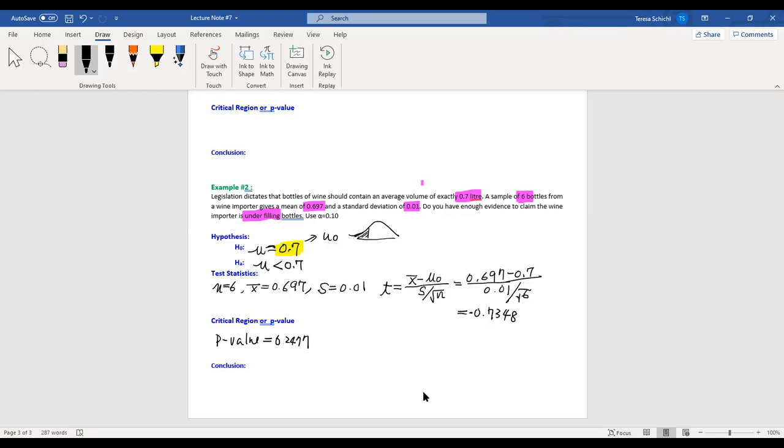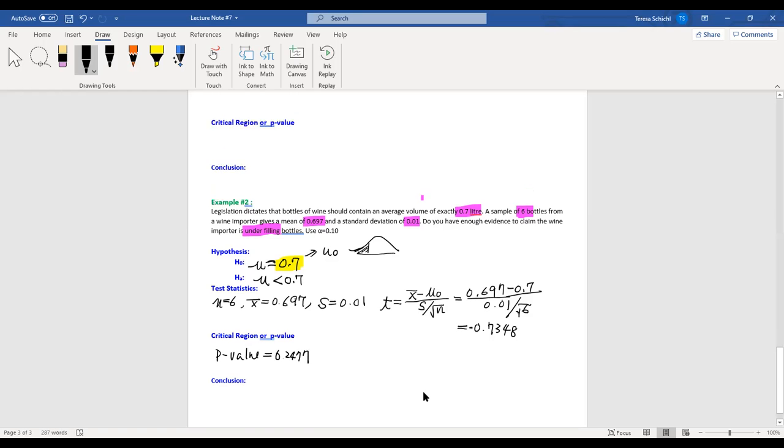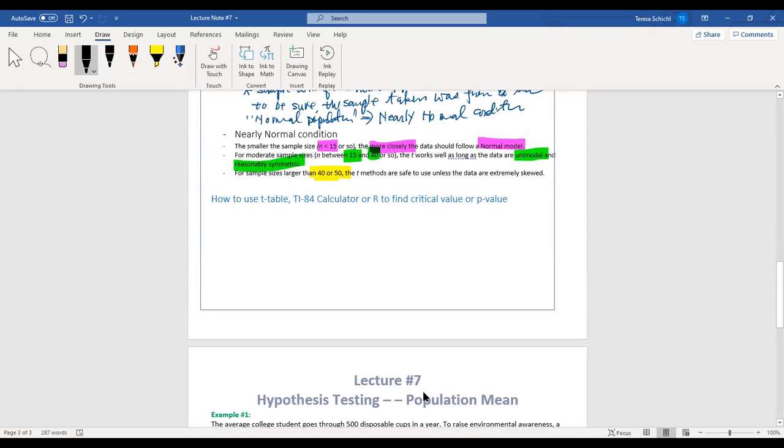So this is what we get using the TI calculator. Let's write down the steps so you can refresh your memory. For the TI calculator, we do stat, then test, and we choose the t-test here.